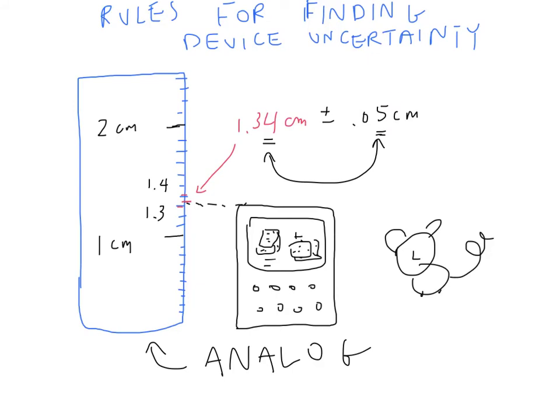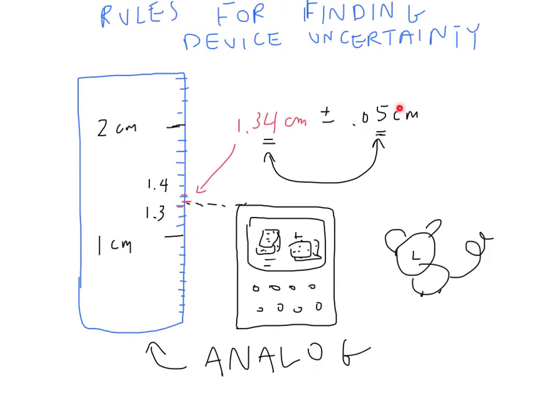Right? And another way we could say the same exact thing is that the uncertainty is 5 in the estimated place. So we estimated this place. All of these others we didn't estimate because we had tick marks telling us exactly what the correct value was. So this is the only estimated digit, or the estimated place.